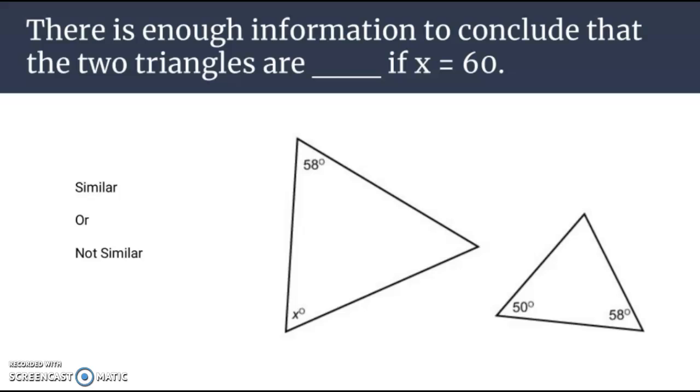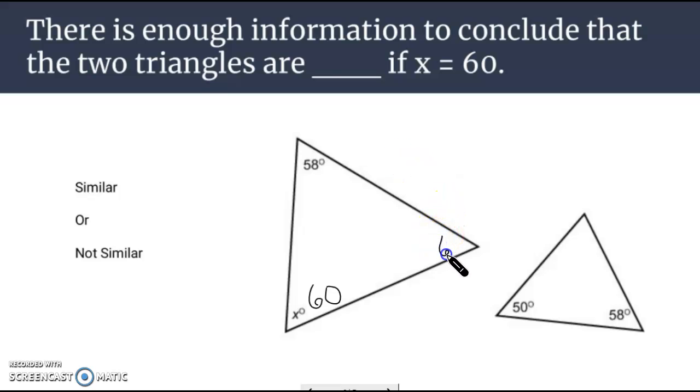Let's look at this example here. There is enough information to conclude the two triangles are blank if x equals 60. So let's just put a 60 here. Let's find this missing angle: 180 minus 58 minus 60 for the first triangle.